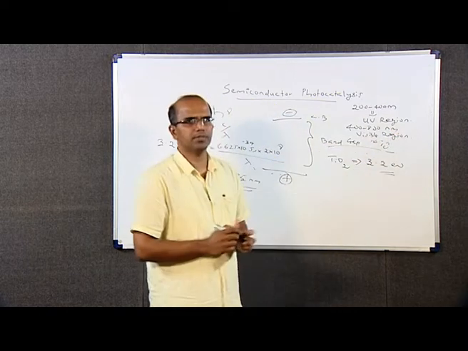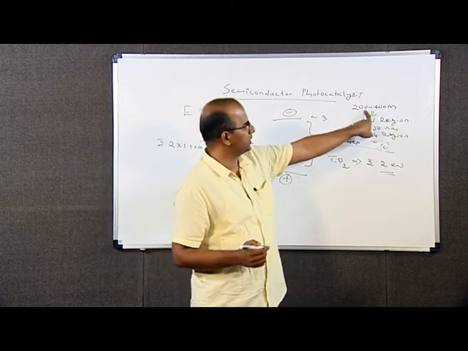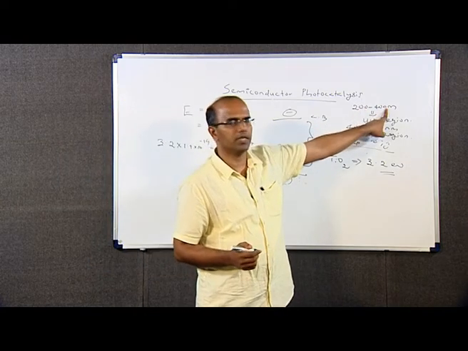So this 385 nanometer comes in between 200 and 400 nanometer.